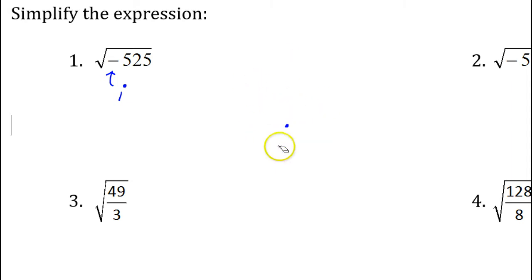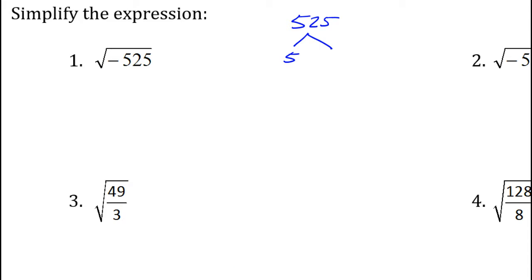When the numbers are bigger, like 525, I like to use another method involving a factor tree. So if I take 525, I'm going to break this down to its prime factorization using a factor tree. So I know that obviously 5 will divide evenly into this. So I'm going to split this apart as 5 times something.